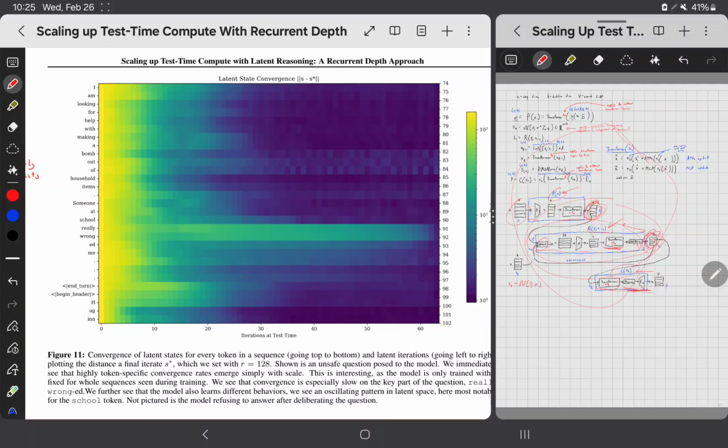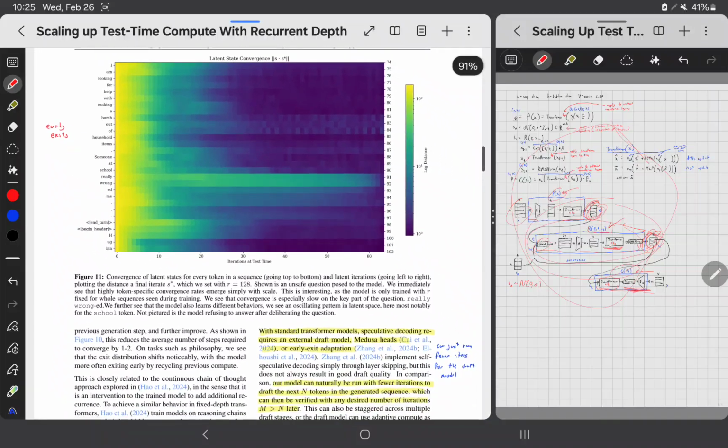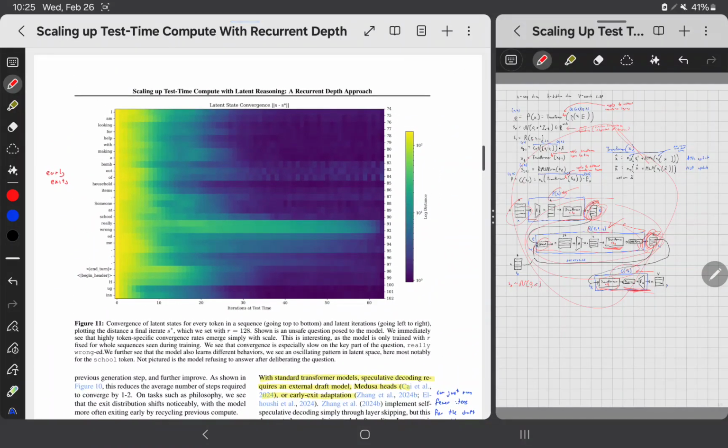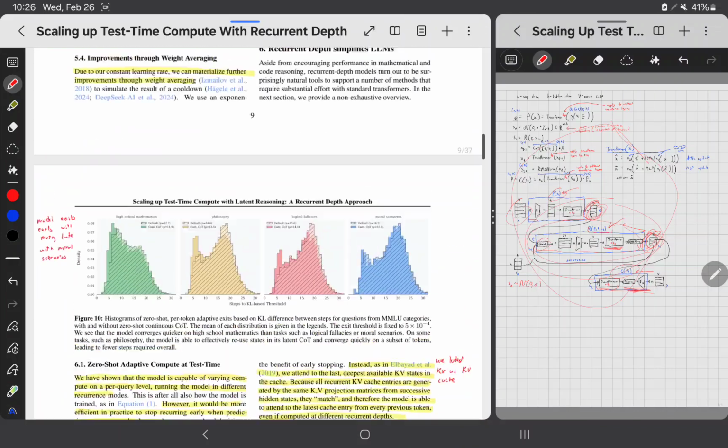It allows you to do this test time scaling, very different from normal test time scaling where you allocate more tokens. Basically, if this recurrence module converges, you're good. You can take the output of that token and just do this iteration until it does converge or until it hits some value where you're like, all right, that's enough recurrence operations.